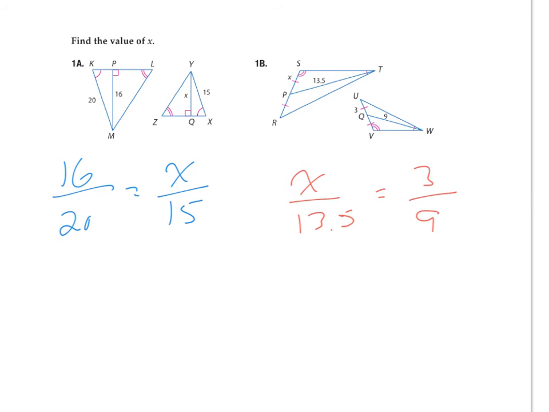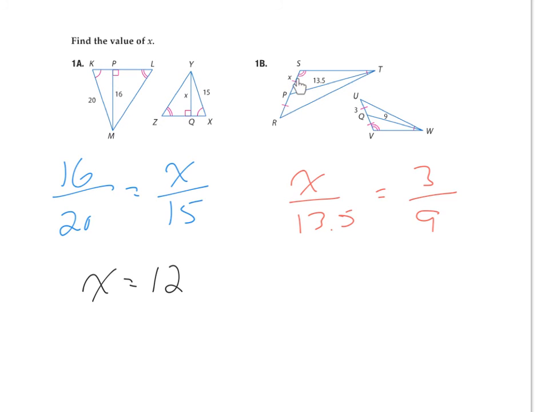Okay, in the first one, you should have found that the ratio of 16 is to 20, so median is to side as x is to 15. Median is to the corresponding side. Hopefully you can see that we don't need to cross multiply, but if you do, you're going to get x is equal to 12. In the second one, we're going to use just half the size.